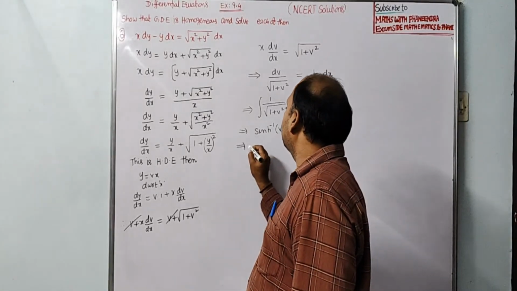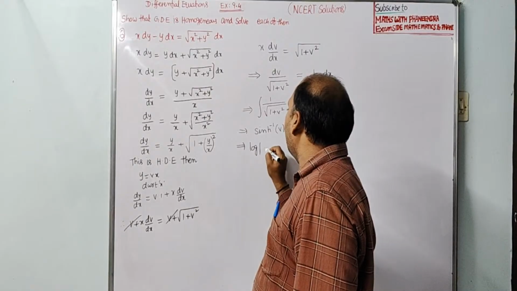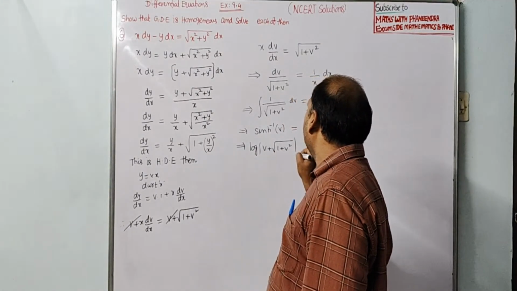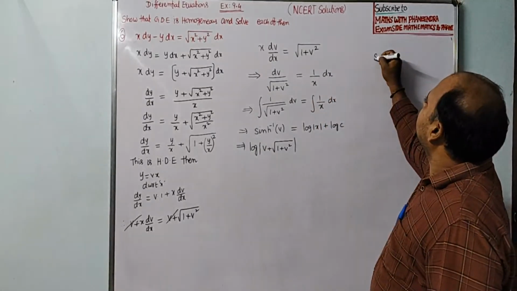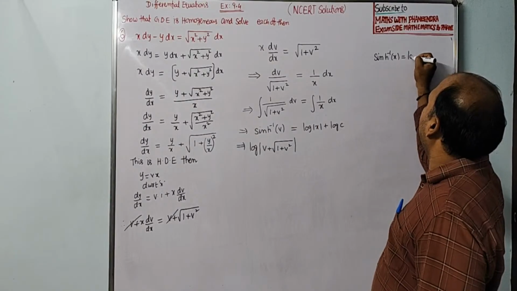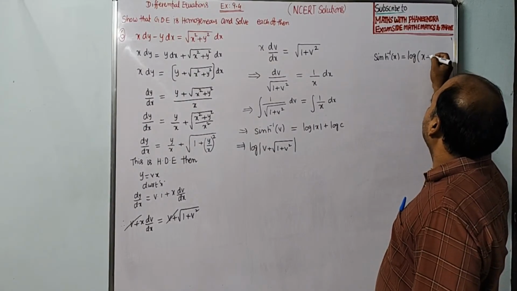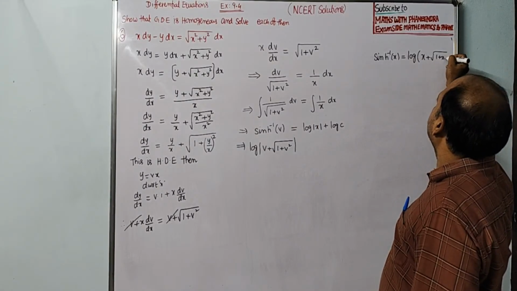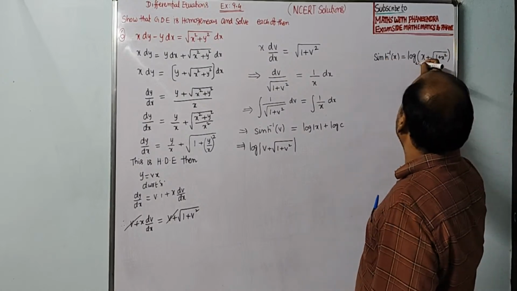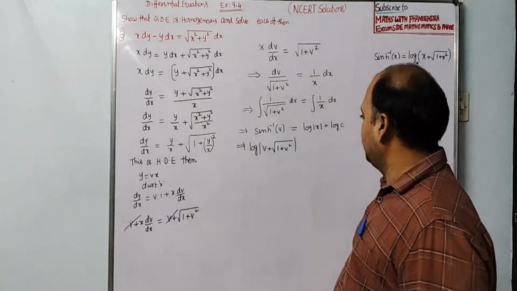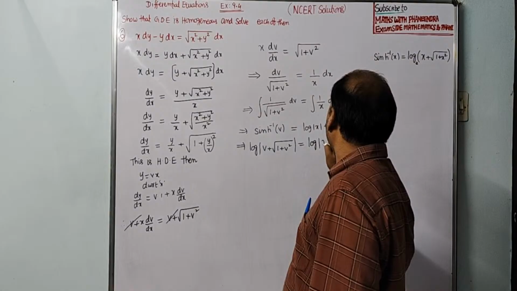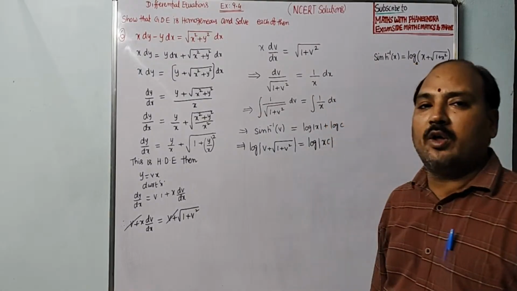By definition, sinh inverse v is log of v plus root of 1 plus v square, because sinh inverse x is equal to log of x plus root of 1 plus x square. That is the reason we are taking this exponential form. Log a plus log b is log ab, so log xc.